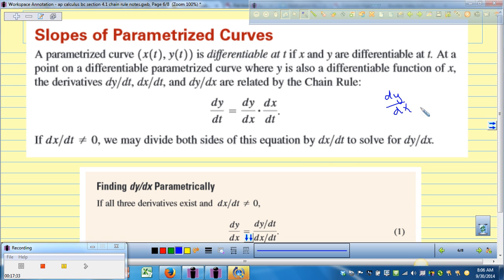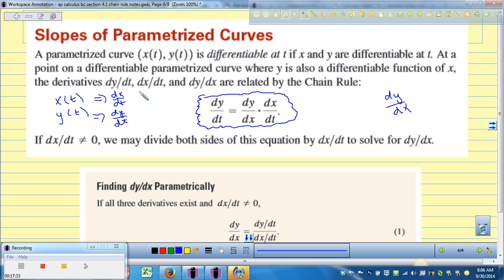Okay, so we can use chain rule to help us get to our dy dx. If we think about the fact that we have an x of t equation and a y of t equation, if we take their derivative with the variable t, then we would have dx dt, and here we would have dy dt.